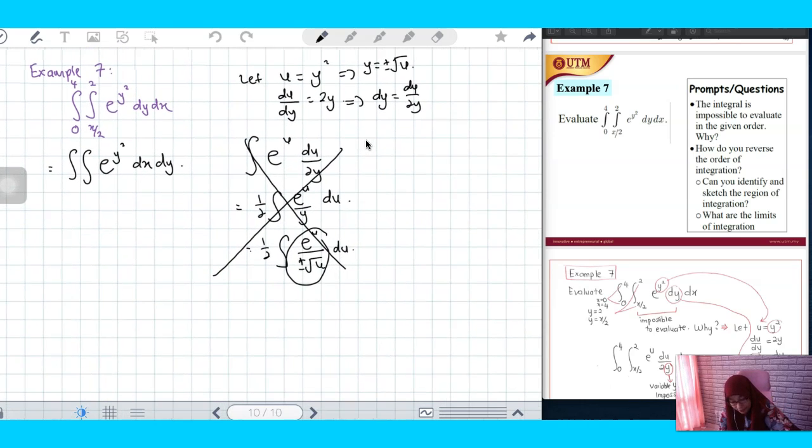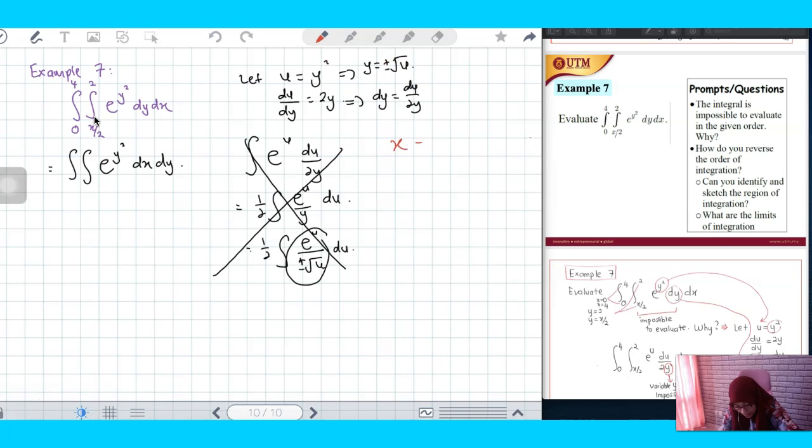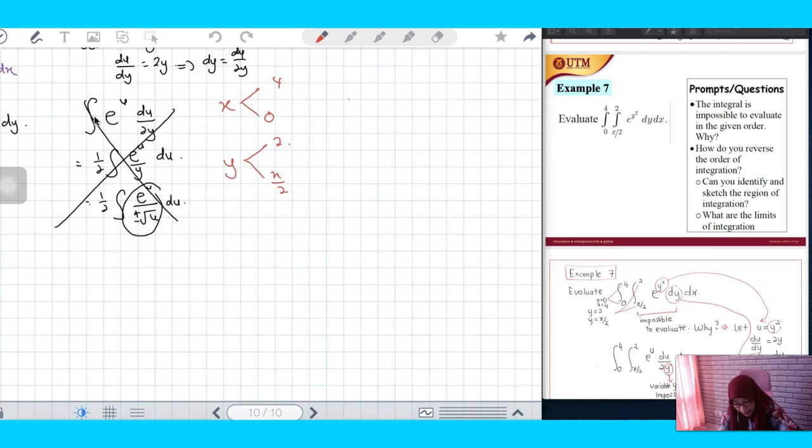We can get that from the existing limits. We have x from 0 to 4 and y from x over 2 to 2. From here you have 4 equations: x equal to 4, x equal to 0, y equal to 2, and y equal to x over 2.